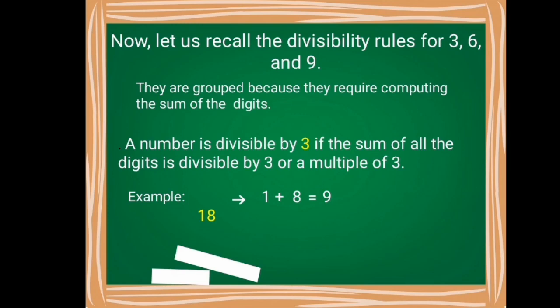So, 1 plus 8 equals 9. 9 is a multiple of 3. And if we divide 9 by 3, we will get an exact answer of 3. So, it means 18 is divisible by 3.